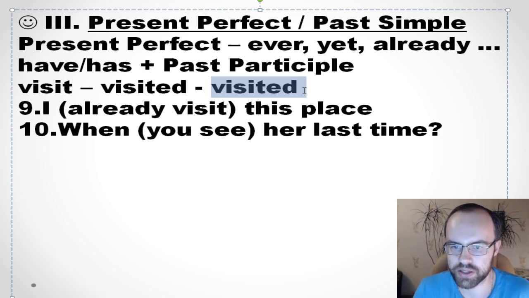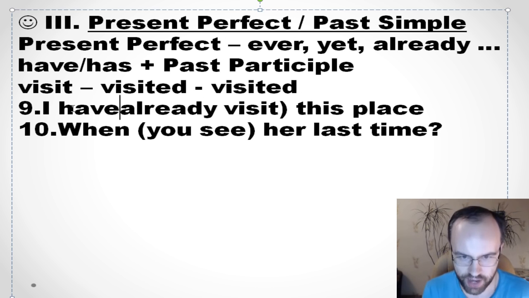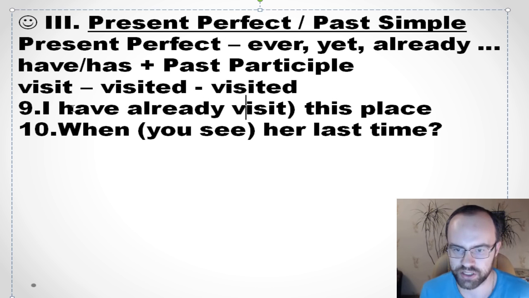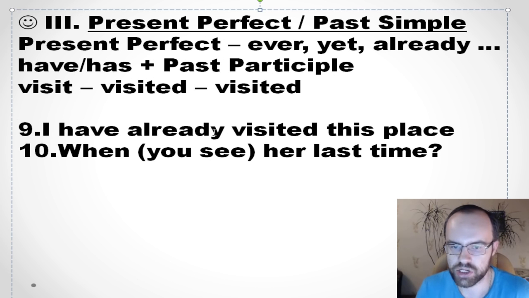We call it past participle. And you need to say I have visited, and you put already in the middle. So I have already visited this place. So you have present perfect because of already. Good.